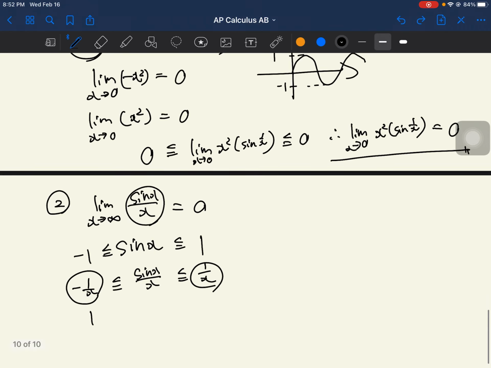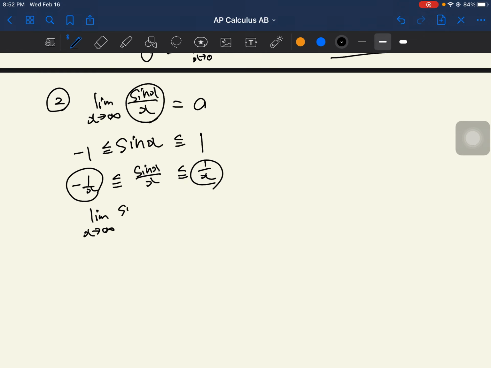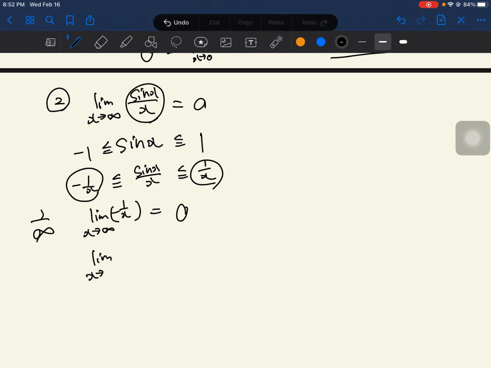The limit as x approaches infinity of -1 over x is 0, because 1 over infinity is 0. And the limit as x approaches infinity of 1 over x is also 0.